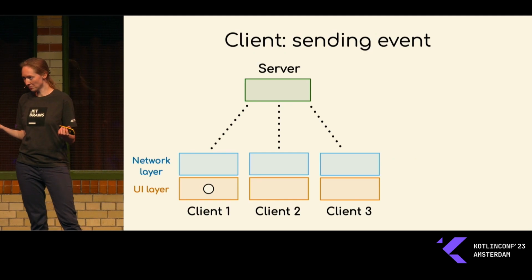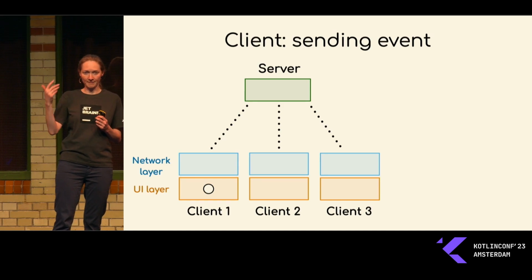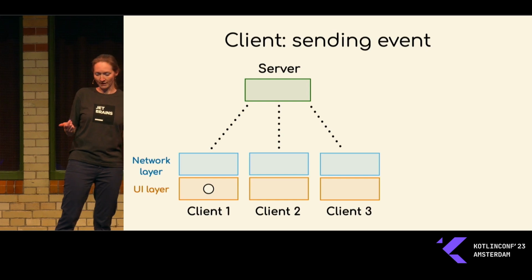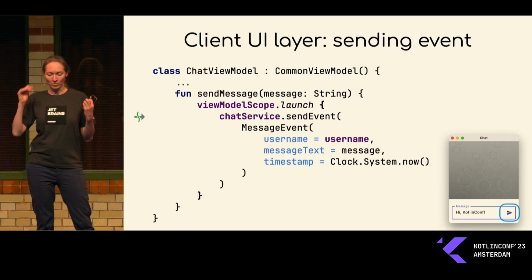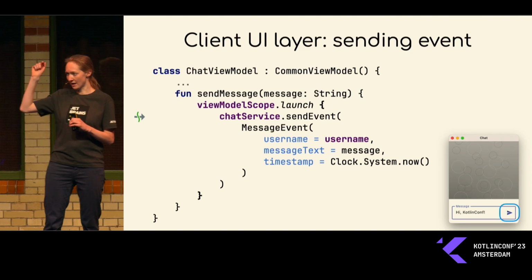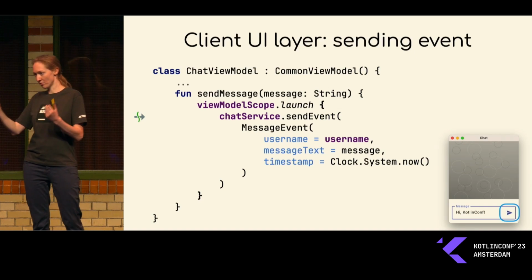So let's start small. Let's start with the logic that sends the event from the client. We are going to send it from the UI layer. Here we have our chat app, and the user types the message and clicks on the send button. At this point, we use Compose.